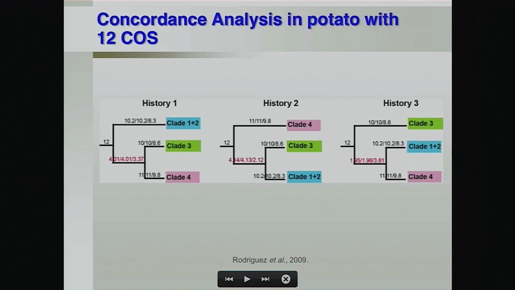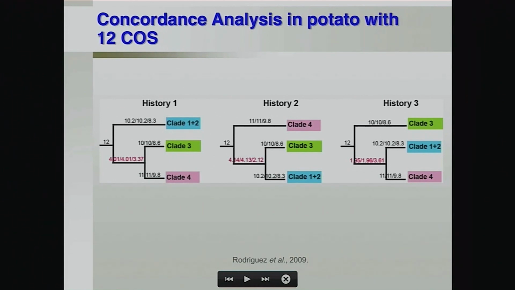Okay. Those are the number of genes that are supporting each clade. Here is only supported by 4 or 3, 4 or 1, 3, 1 genes.